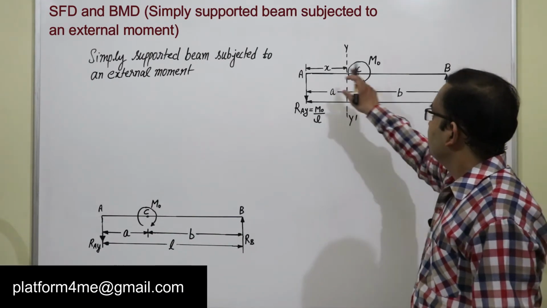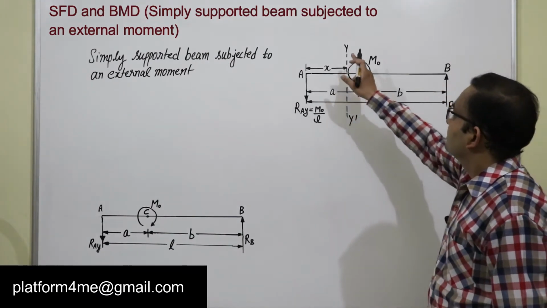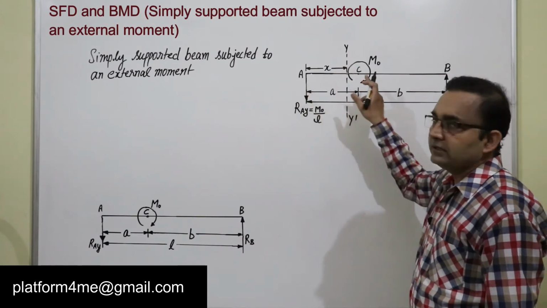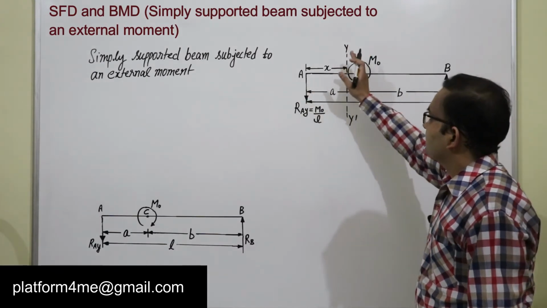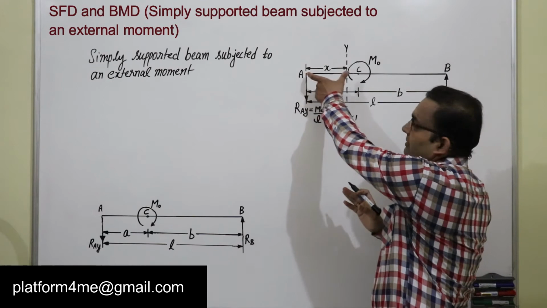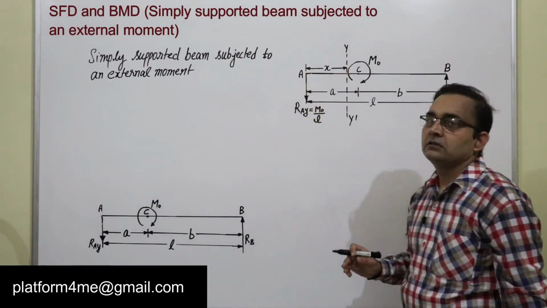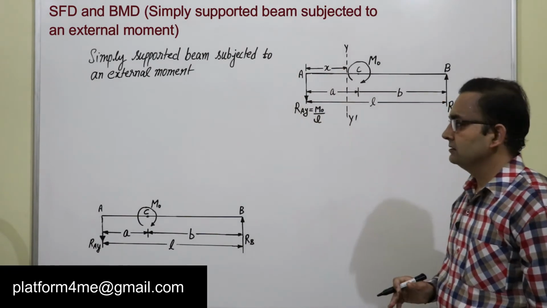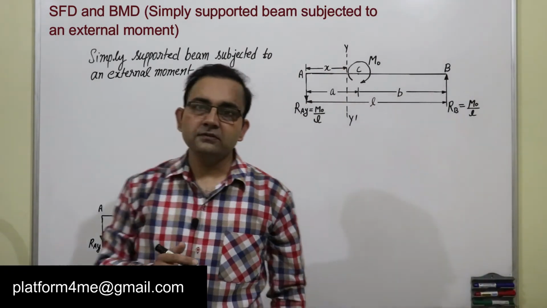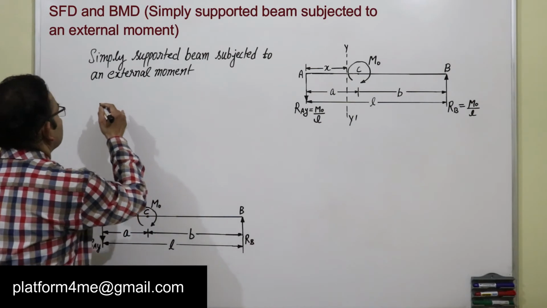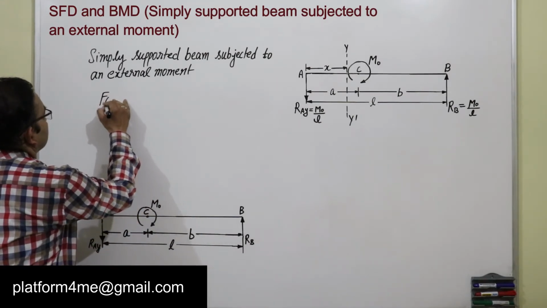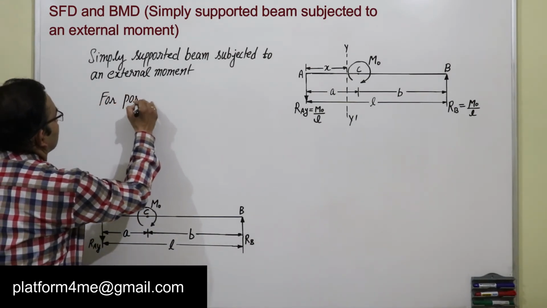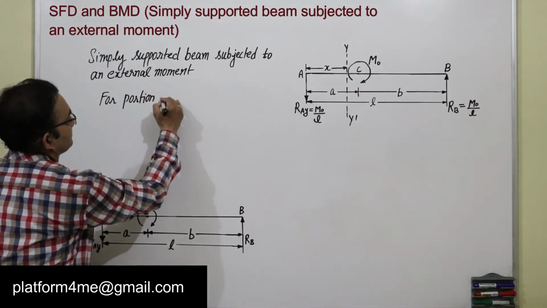Consider portion AC, take section y dash between AC, and the distance of this section from point A is x. So we will see towards the left of this section. We will write equation for the shear force for portion AC.